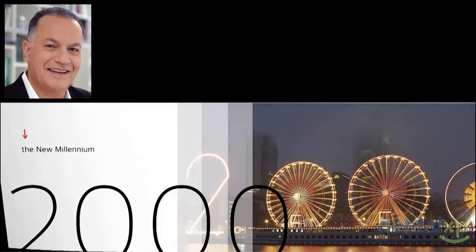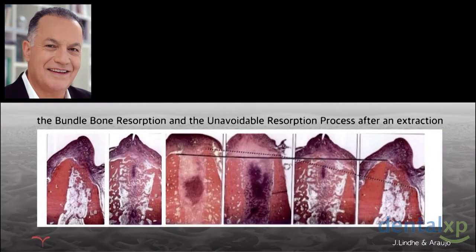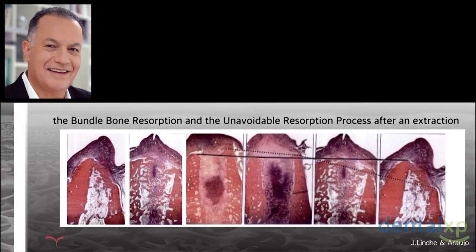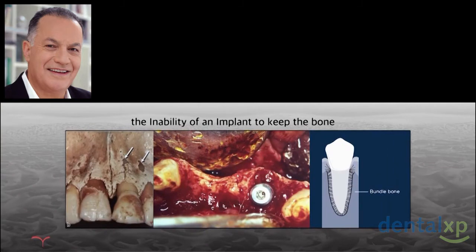Let's come back with our balloon to the new millennium, 2000. And this millennium brings us once again Jan Lindhe, but this time with a collaborator from Brazil, Dr. Araújo. And they speak for the first time about the bundle bone, which is supposed to be the very thin bone after we remove a tooth.